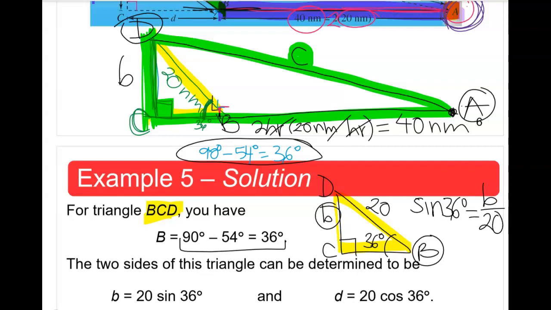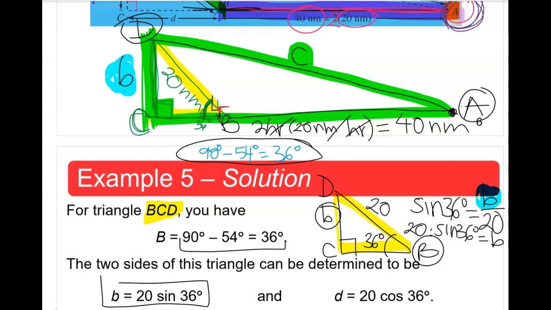Now, if we want to solve for b, which is kind of like what we need to do right now, solve for b, we're going to take that 20, which is dividing on the right side. So then once we take it across, it's going to be multiplying. So it will be 20 times sine of 36 degrees equals b. And that is what we have here.